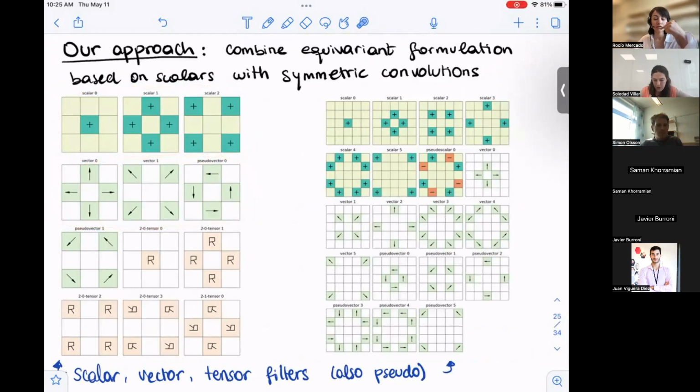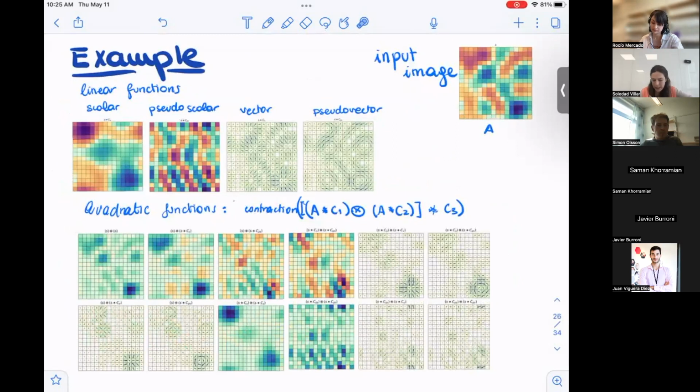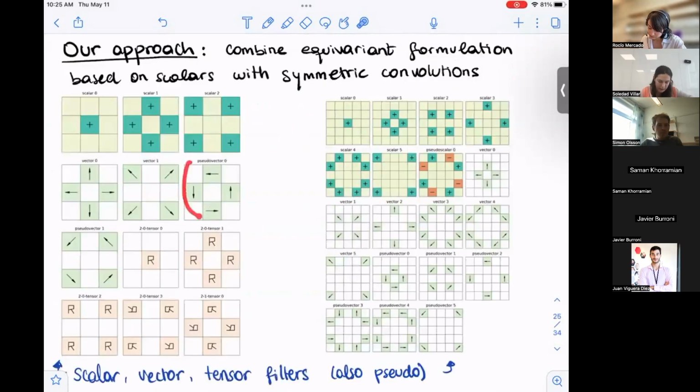And there are some questions about how to make this scalable, and basically these vector filters that are defined in this form, in the end, you can see them as discretizations of the classical curl operators or divergence operators that you can apply to vector fields.